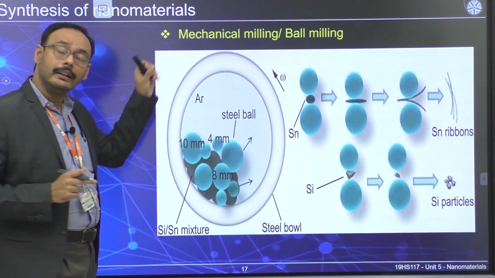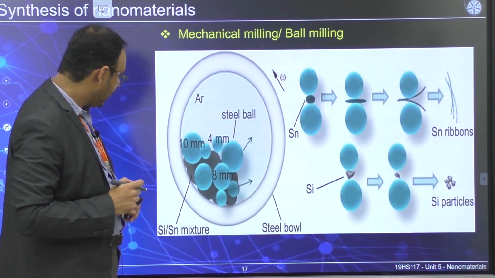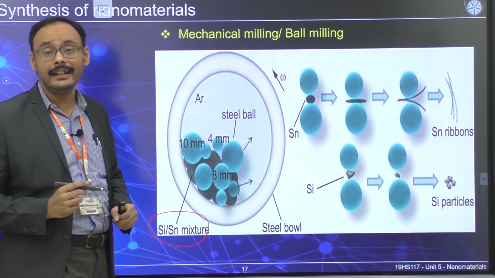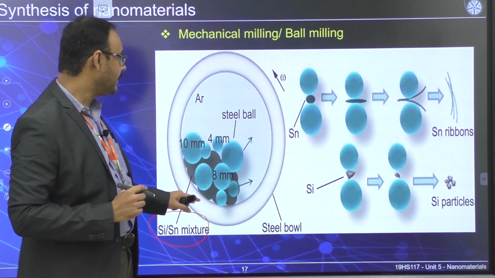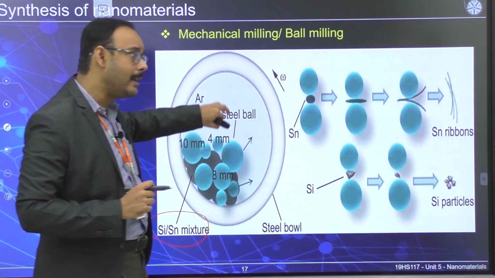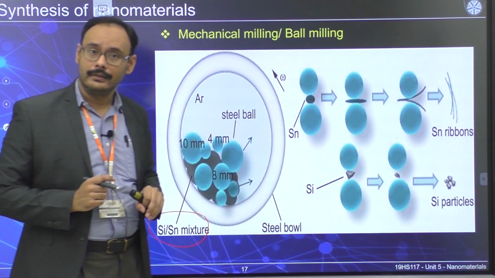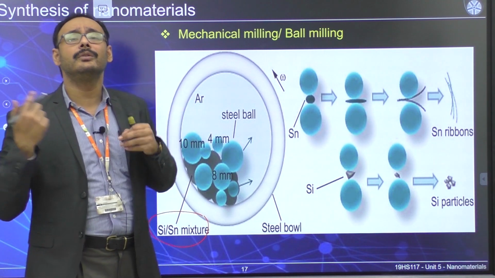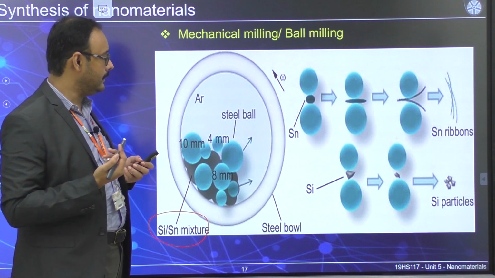Now, another thing you can also do is take a mixture. In this case, it is a silicon and tin mixture. Once you have the mixture, you can use the same balls. You put them in the cylinder, and then you can rotate it at a very high speed.